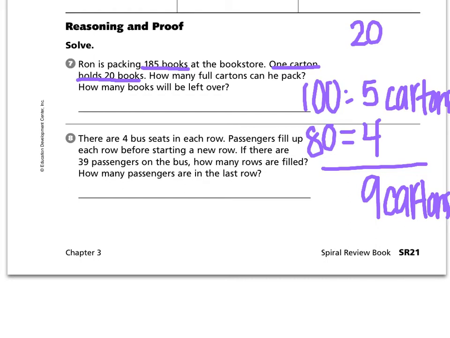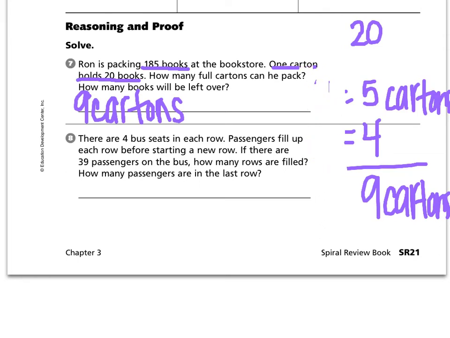Now that answers the first question. How many full cartons are there? 9 cartons was 180 books, but I need 185 books, so I know that there's 5 extra books left over.